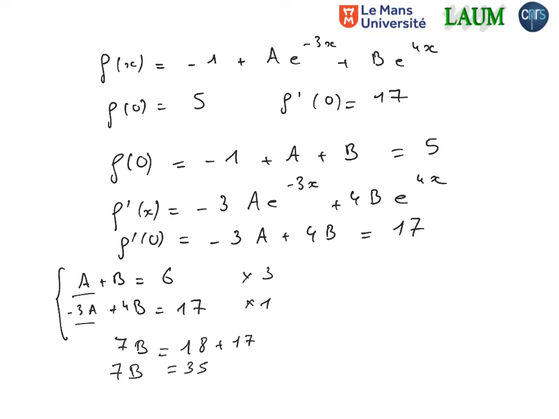So 7b equal 35, which means that b is equal to 5. Then as a plus b is equal to 6, a is equal to 1. So now my function f of x is obtained by replacing a equal to 1 and b equal to 5, and I have the solution of my differential equation.